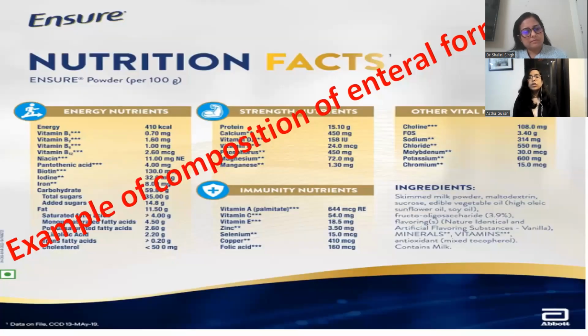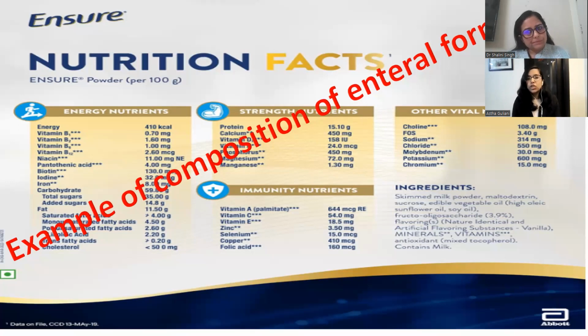Now, we have different kinds of protein powders and liquid nutritional therapies, and one such example is Ensure. So for my patient, if I want to give Ensure powder for enteral nutrition, one powder, that is 100 gram of powder, provides 410 kilocalories of energy. My patient, if you remember, requires 800 kilocalories.